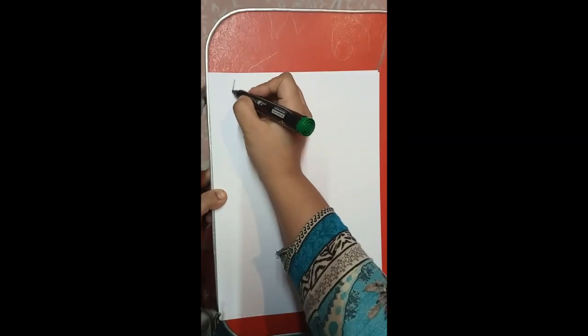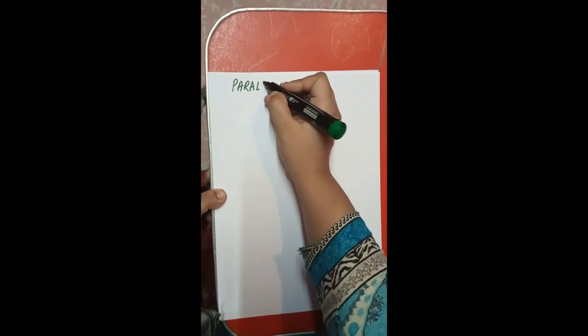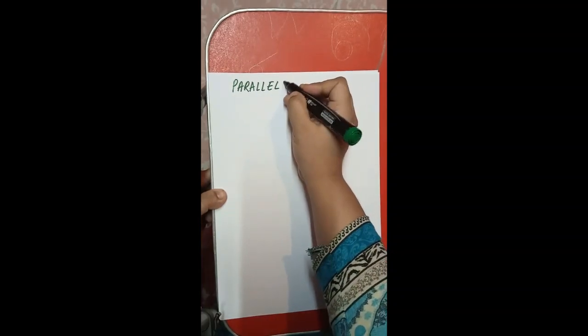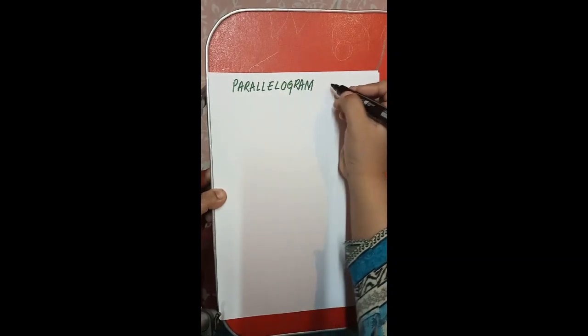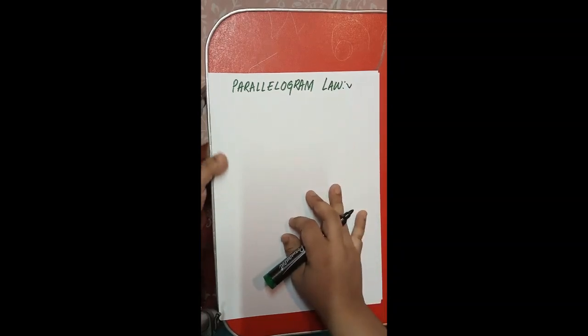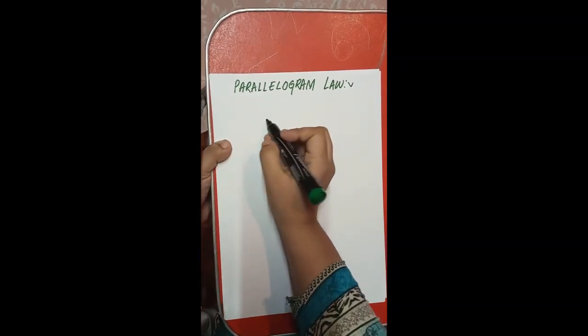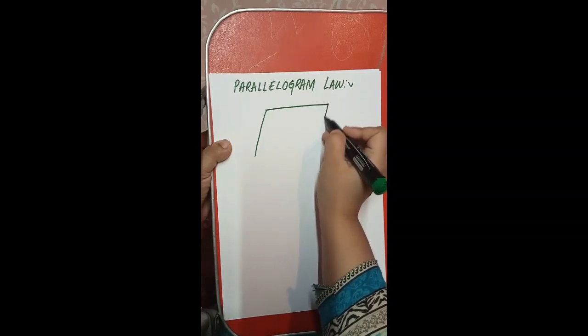Now we have to discuss the parallelogram method in engineering mechanics. How do we have to solve the numericals by using the parallelogram method? So we must know what is the parallelogram law. First of all, you know very well about the properties of the parallelogram.